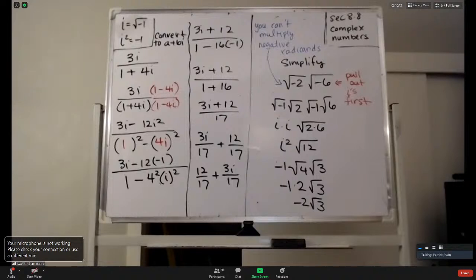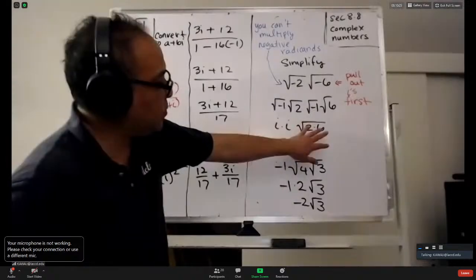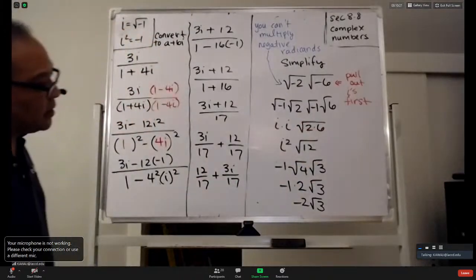And likewise for division, right? Yes, same thing also. Always pull out the i's first. So that way you're only dealing with positive constants inside of the square root.